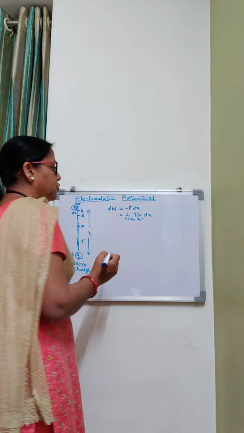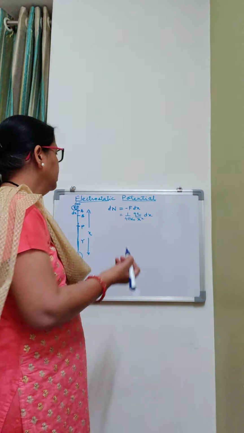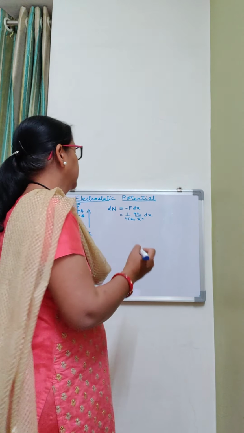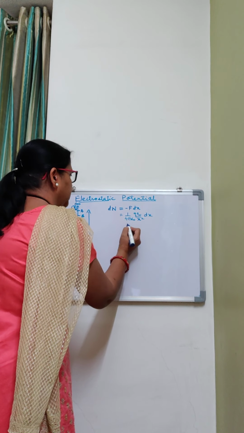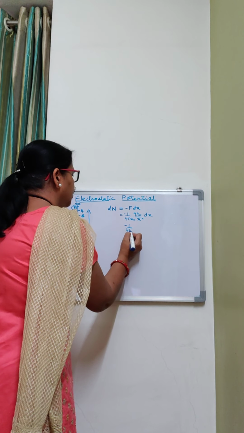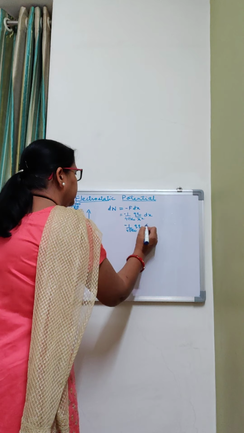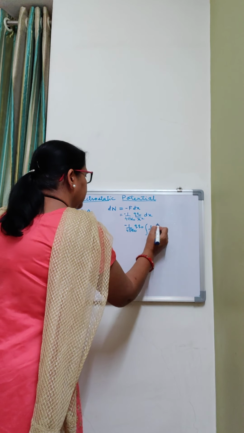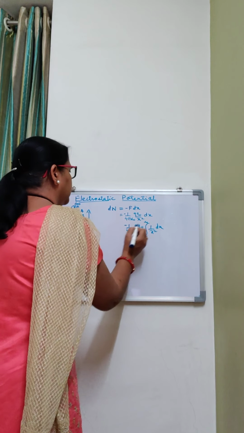Now, since we have to find out the total work done, and according to our definition, we have to take the limits from infinity to the given point. So, in that case, we will find out by integrating this expression. So, our formula becomes minus 1 upon 4 pi epsilon naught Q into Q naught integration of 1 upon x square dx from infinity to r.